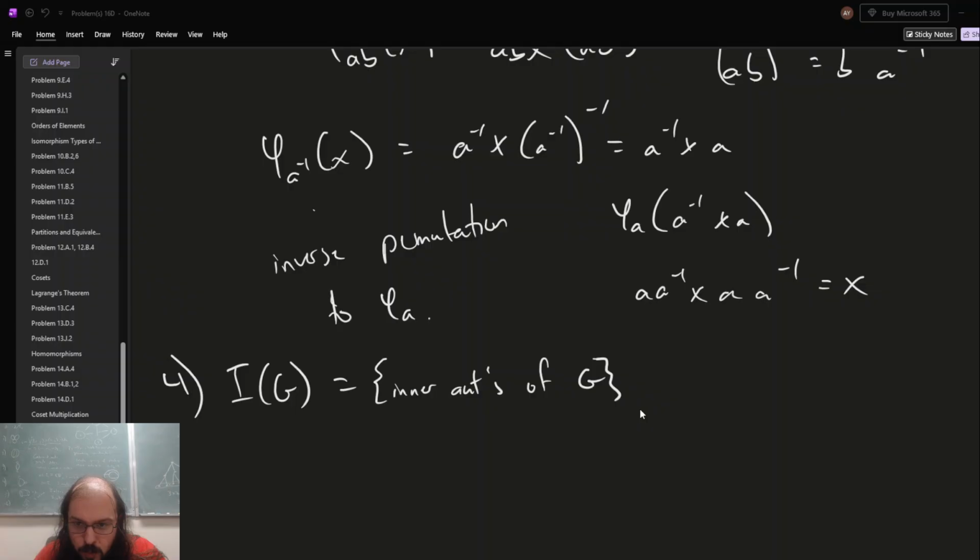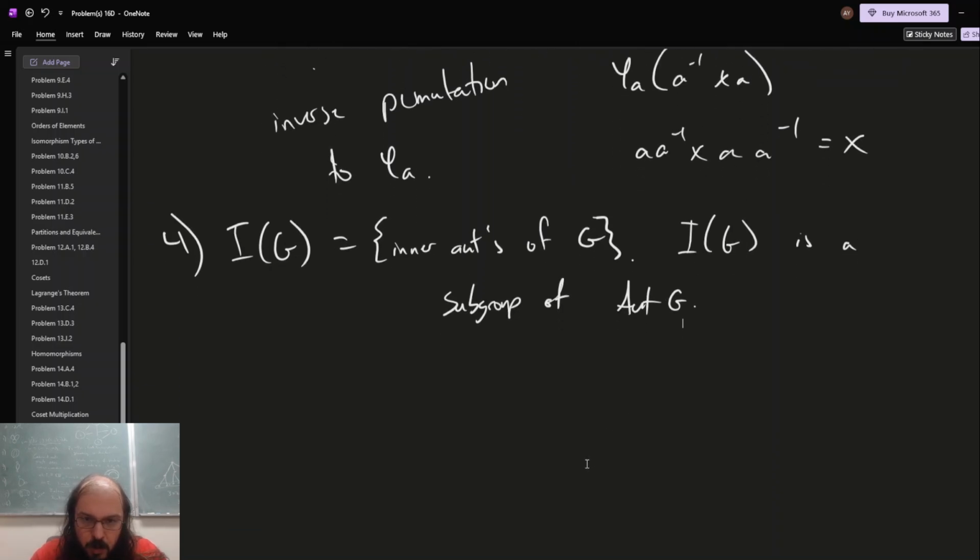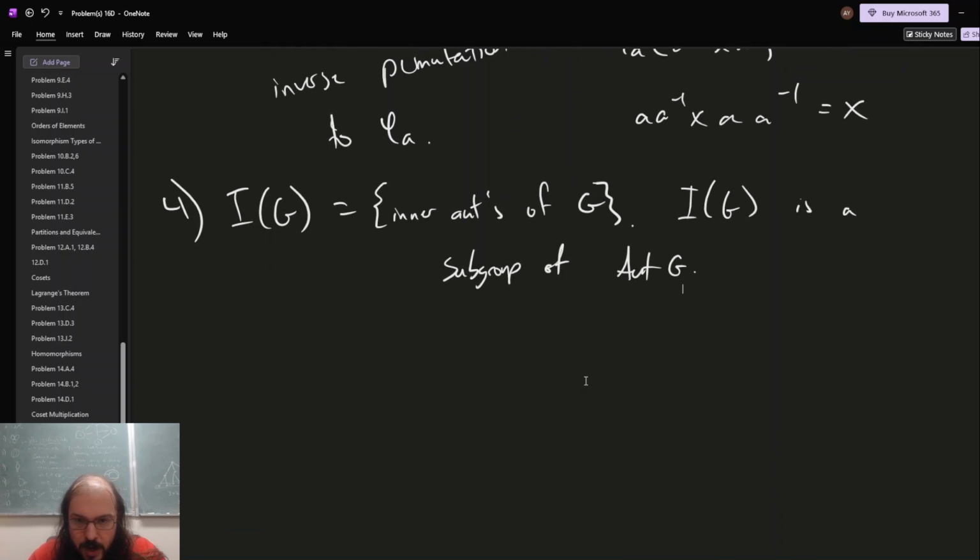We're asked to prove using part 3 that I of G is a subgroup of Aut G. And in particular, explain why I of G is a group. Okay, so why it's a subgroup of Aut G is close to done already, in the sense of it's clearly a subset. Basically, all I have to do is explain why it's a group, and then we'll be done.